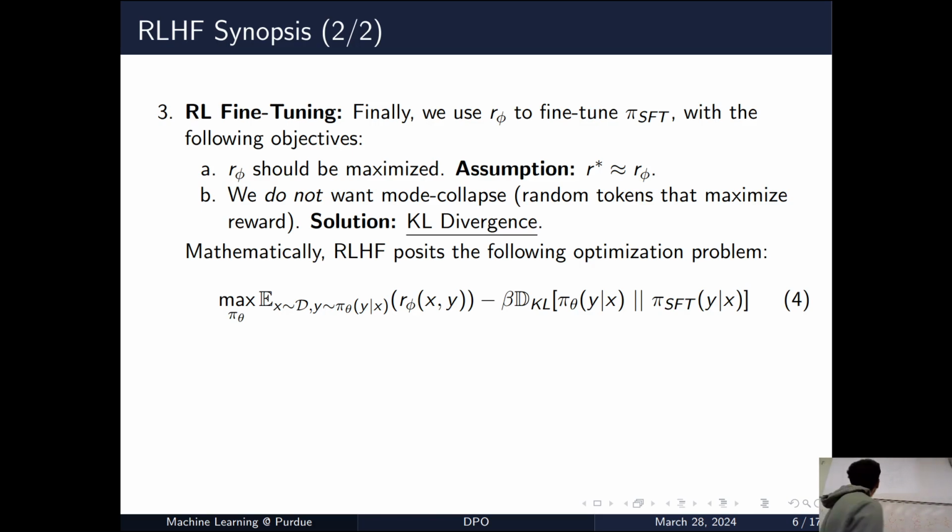And so if I look at the equation, y is sampled from pi theta, right? Correct. And then because pi theta starts with the SFT, it can generate a very bad answer. Yes, it can generate a very bad answer. And then I'm trying to maximize the reward of that very bad answer.